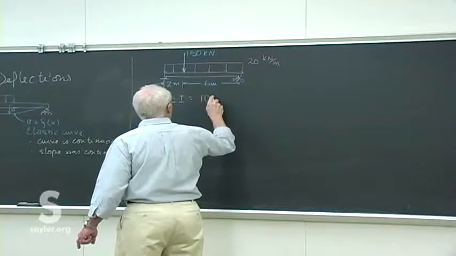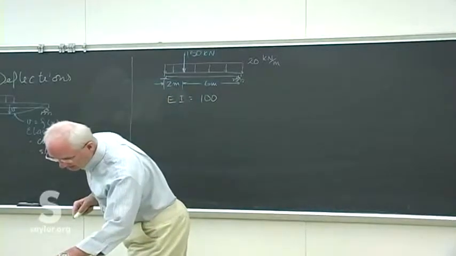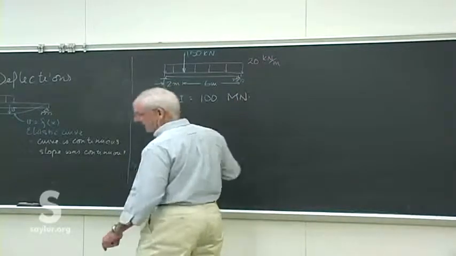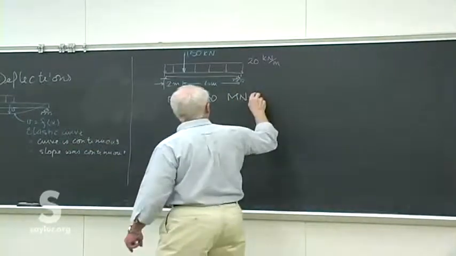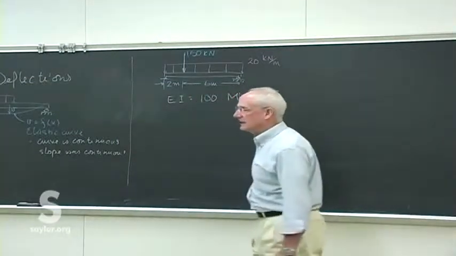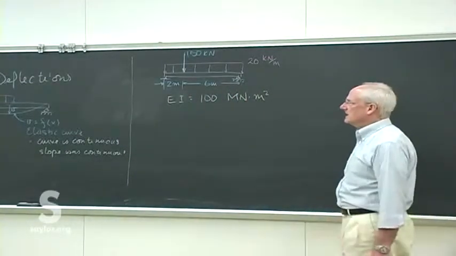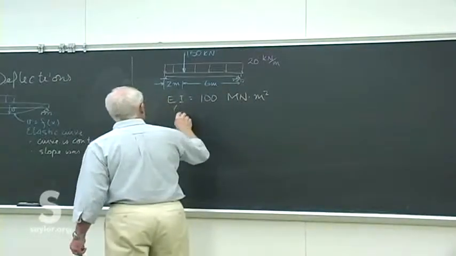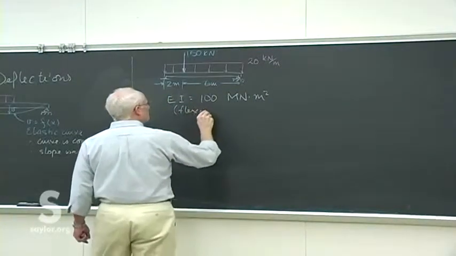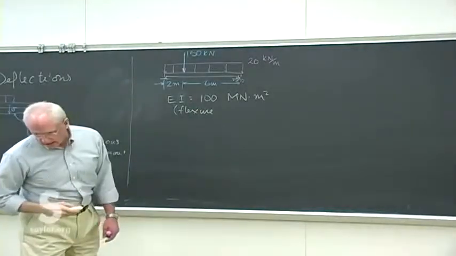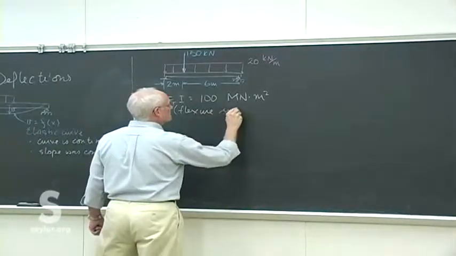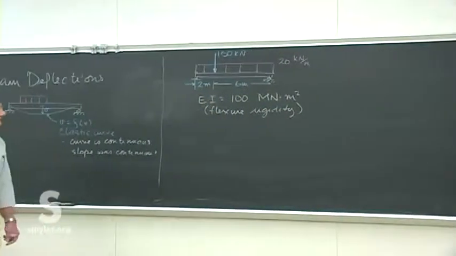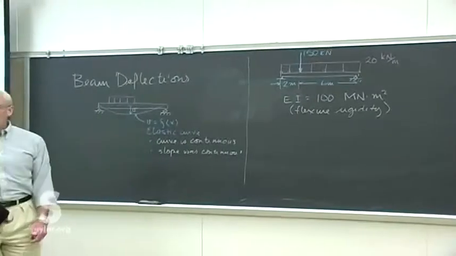So it's often worth it in these problems that it's either just given, or if you have the separate parts to it, that you go ahead and calculate it separately so that it's available for all the other times you need it. Sometimes this is termed the flexural rigidity of the beam, these two together.